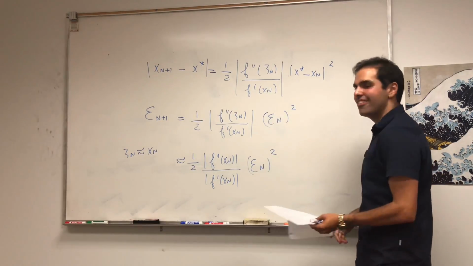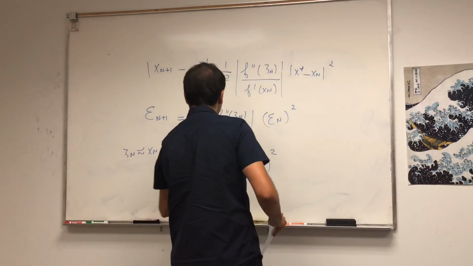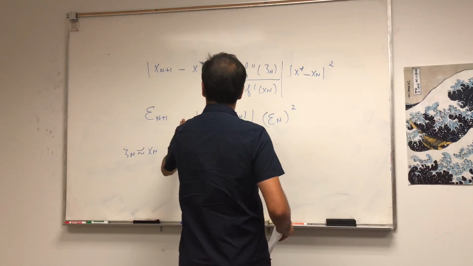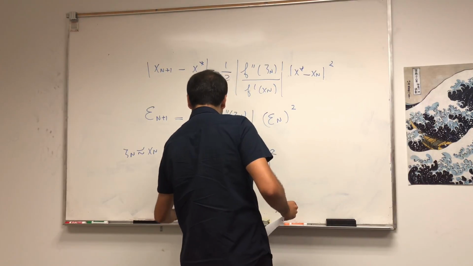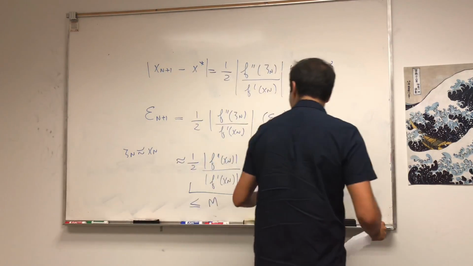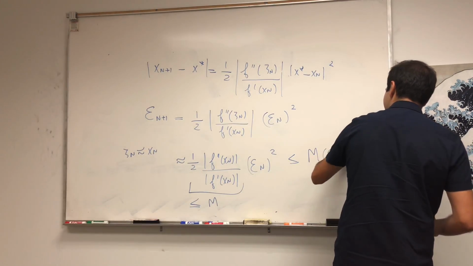I'm not going to do that. We have better things to do. And the point is, this just becomes m, so it's less than or equal to m. And so the whole thing is less than or equal to m times epsilon n squared.